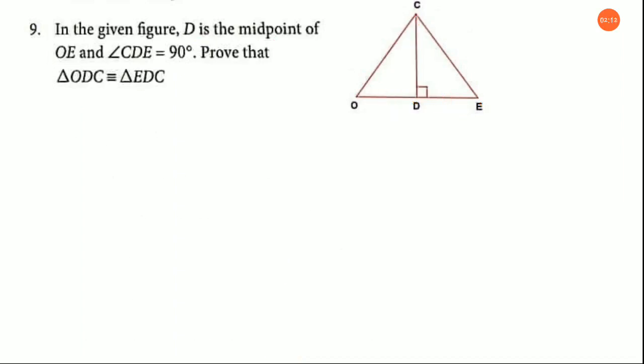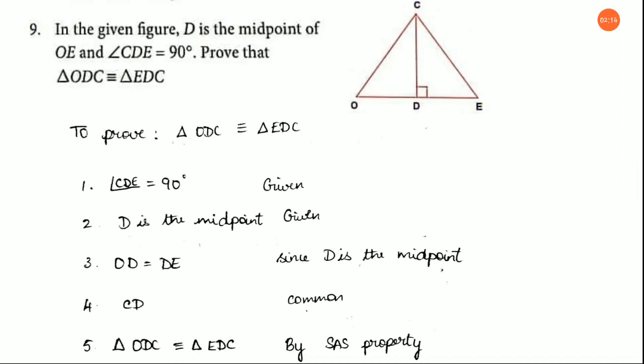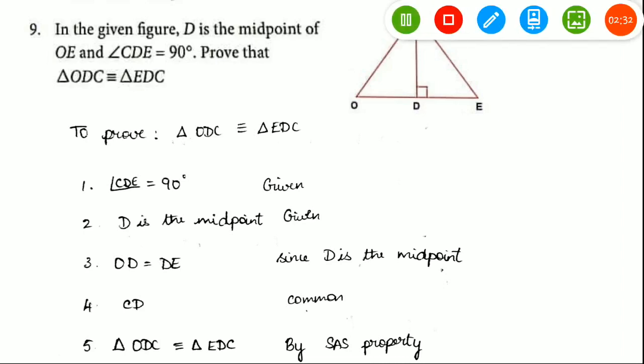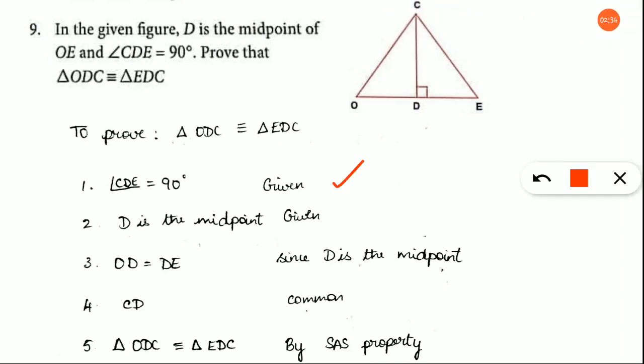Now let us see the steps. First, for theorem type of sums, you have to write what you have to prove. You can write as to prove triangle ODC is congruent to triangle EDC. And then we are going to start with the solution. First, angle CDE is equal to 90 degrees. It is given. And the next one, D is the midpoint.